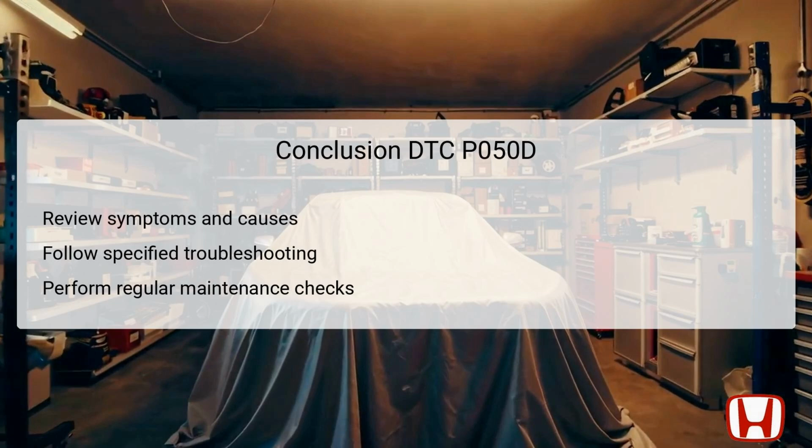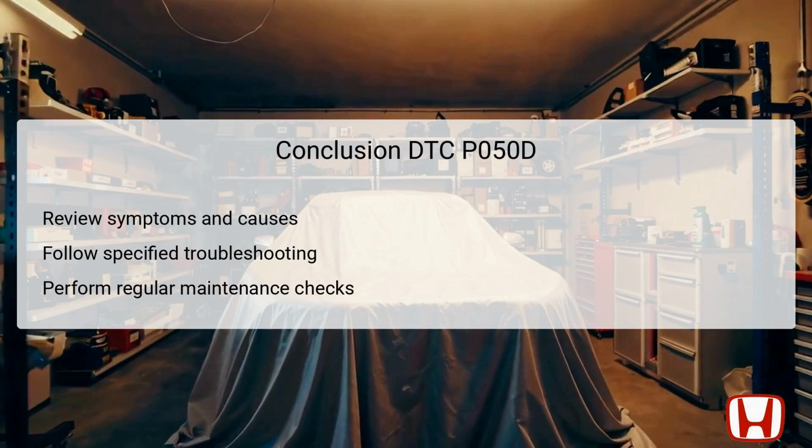In conclusion, addressing DTC P050D requires a thorough understanding of its symptoms, potential causes, and the prescribed troubleshooting steps. This code indicates that there is a cold start idle speed problem, which can lead to further performance issues if not resolved.